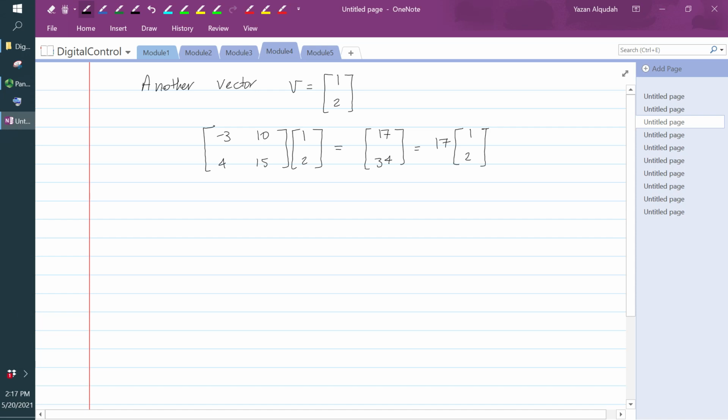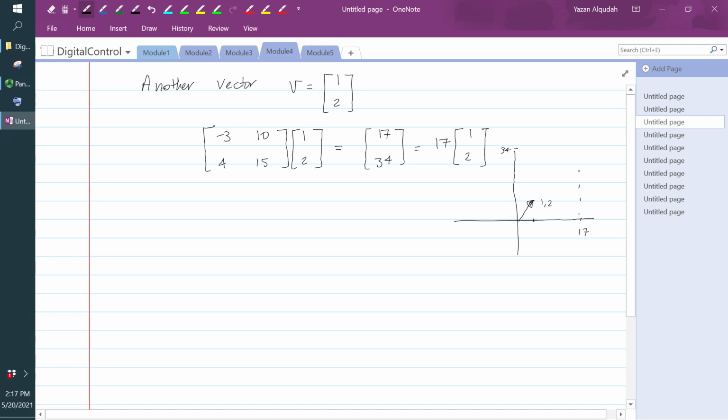And again, what do I notice here? I notice here that the original vector, let's scale this bigger, the original vector was at 1, 2, so this is my original vector, this is the 1 and the 2, and then after this transformation it became 17, so let's say this is the 17 and 34.